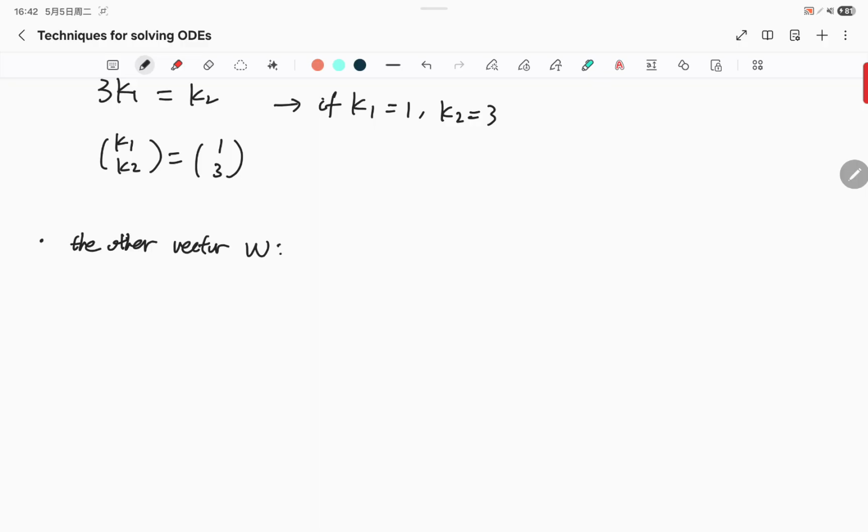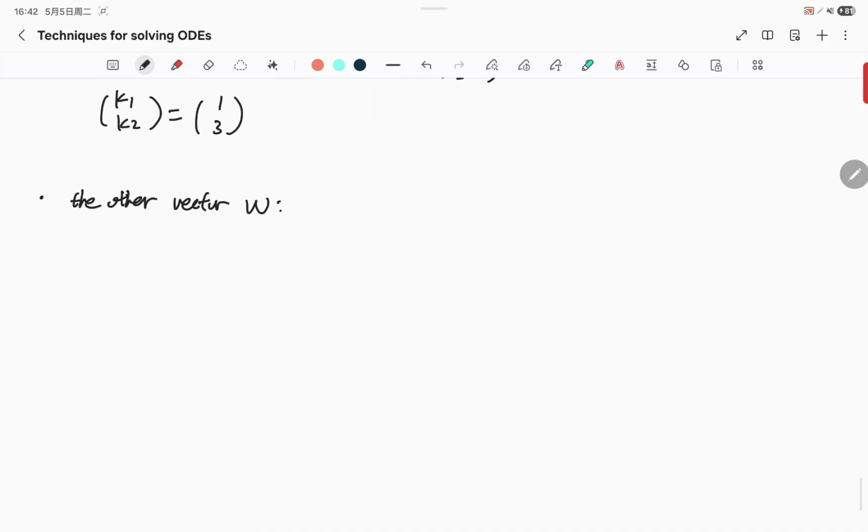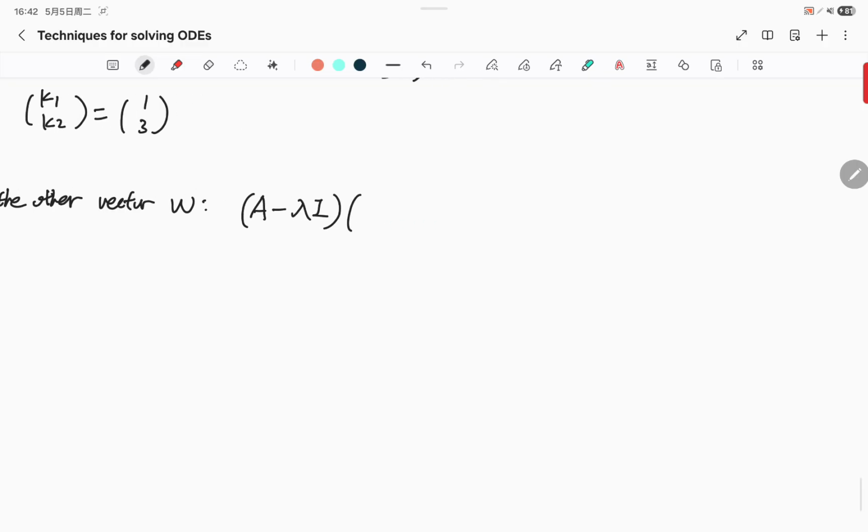How do we get that? W is obtained from this equation, which is always A minus lambda I, right? Multiplied by W1, W2 is equal to K1, K2.